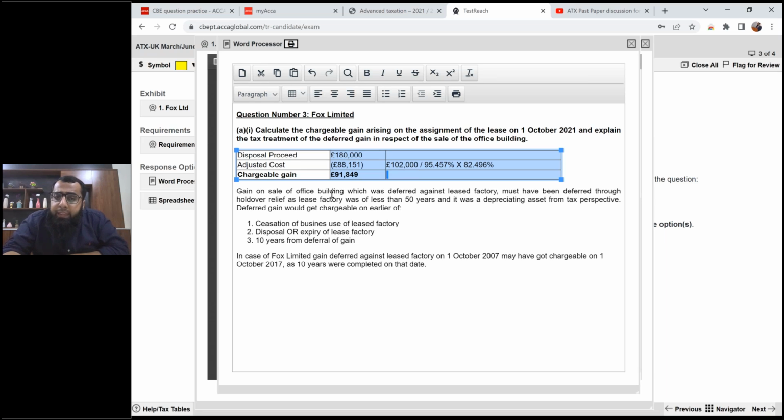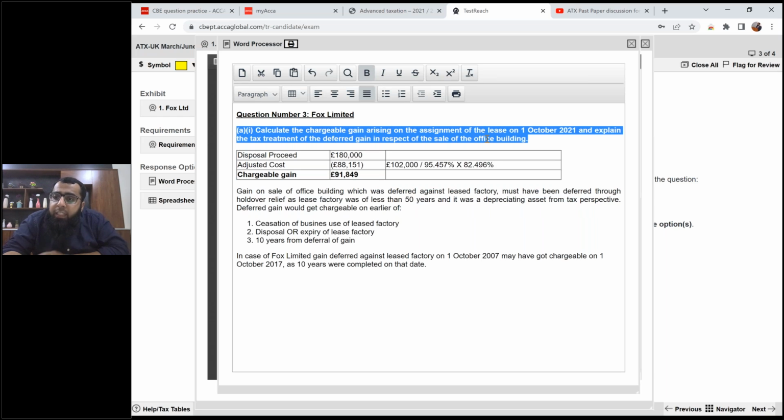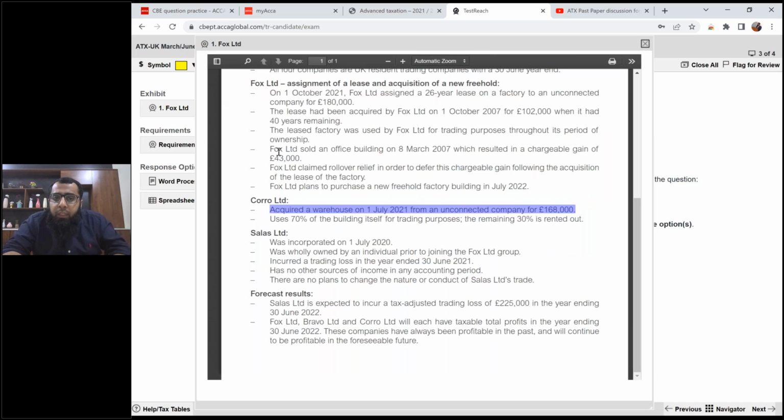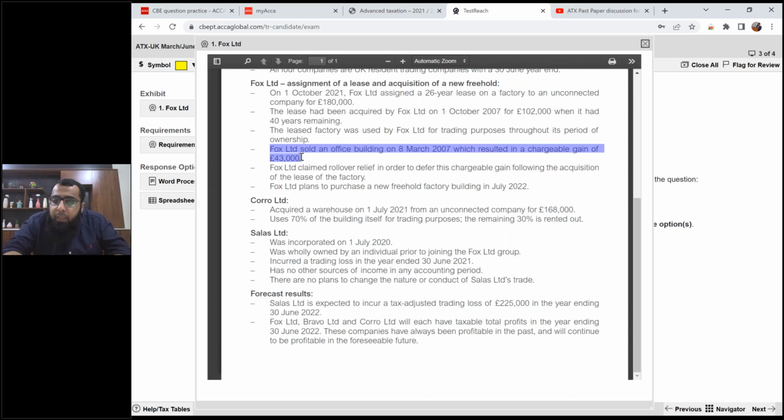Okay, then secondly, we were asked to comment on the gain in relation to the office building. See, if you read the question, it was written that an office building was sold in 2007, on which there was a gain of 43,000. This gain was deferred against the lease.